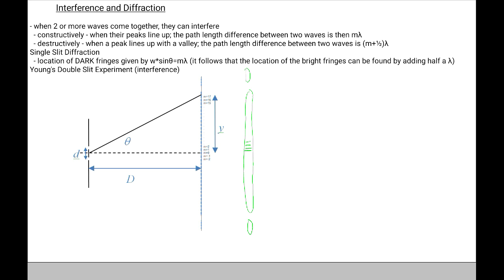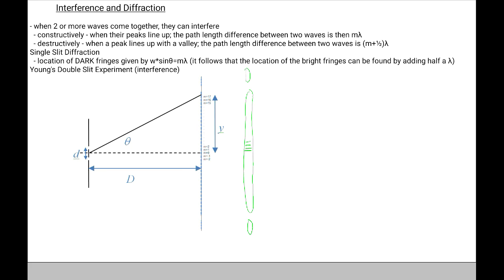But now there is interference inside, and the important thing to remember is that all of the fringes have the same size. With diffraction, we had the large central bright fringe followed by smaller fringes on either side. With interference, all of the fringes have the same size.